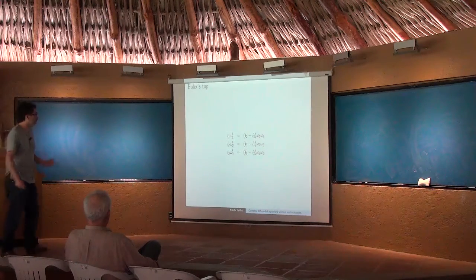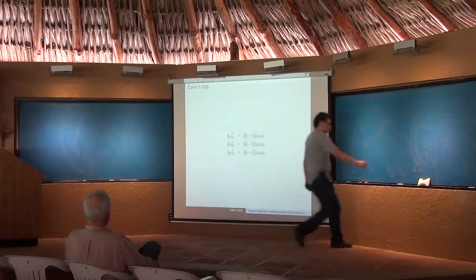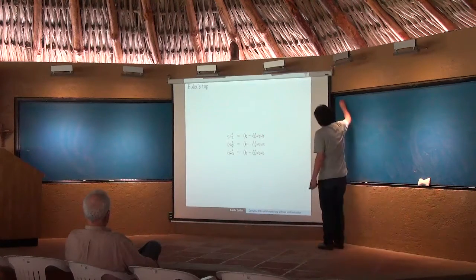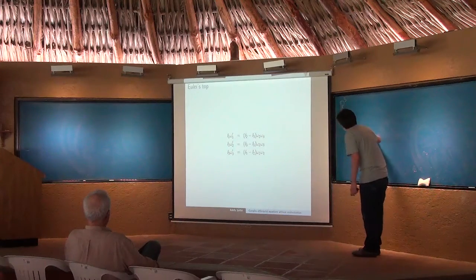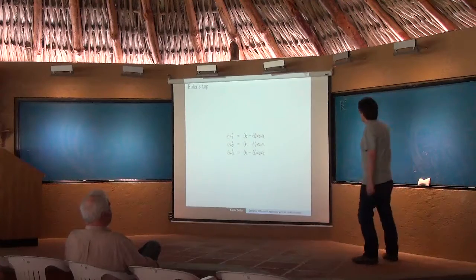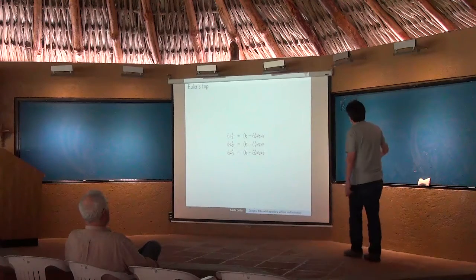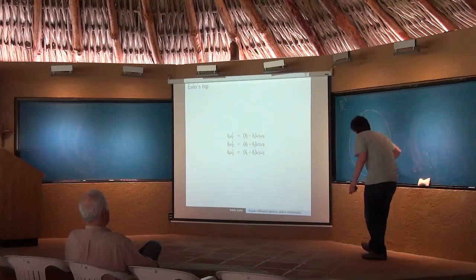So it's quadratic, it's homogeneous, and this happens in R3. You have an equilibrium point at 0. And then there are two conserved quantities. One of them is energy, the sum of the squares of omega 1, omega 2, and omega 3.